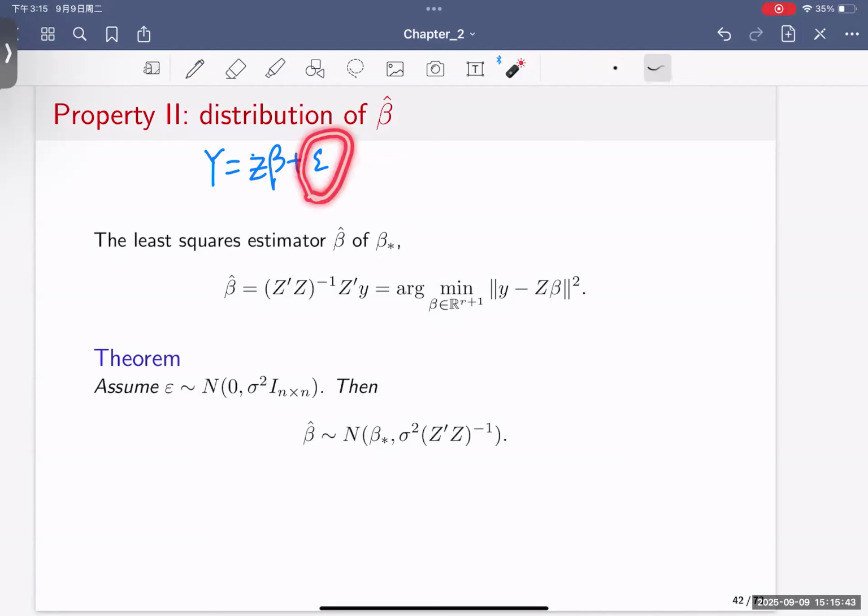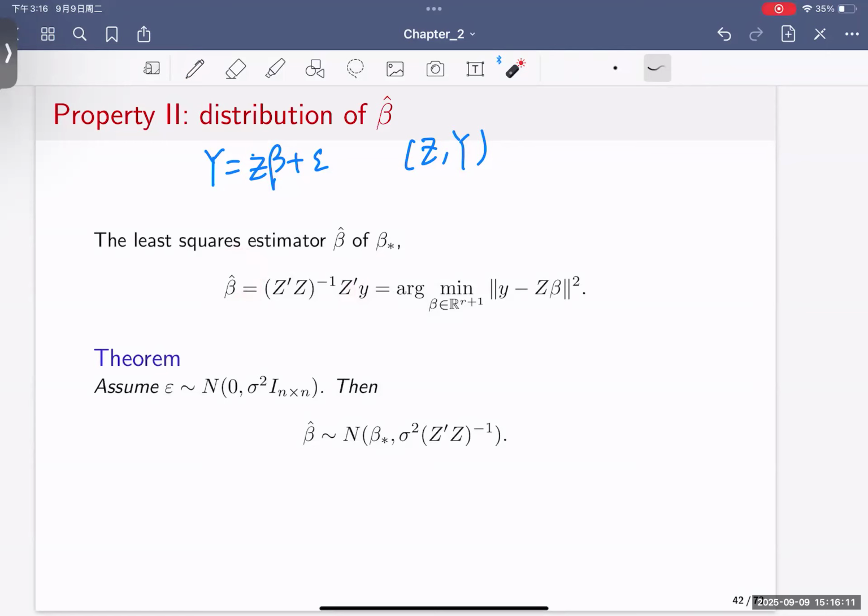Therefore y contains such randomness, so the y part of our data has some randomness. It's not hard to imagine that the least square estimate is also random, because it has y. Y is random, so therefore beta hat is random.